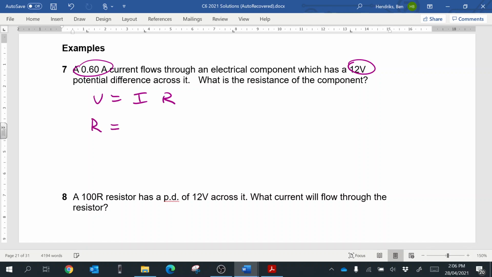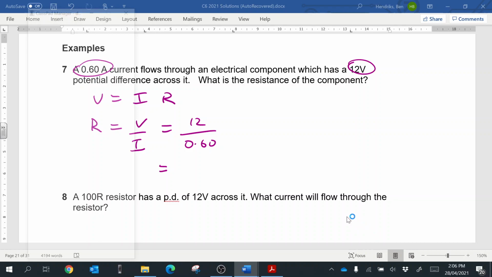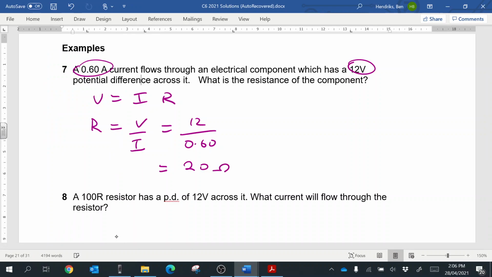So R is equal to V over I, and that's equal to 12 over 0.6, which is equal to 20 ohms.